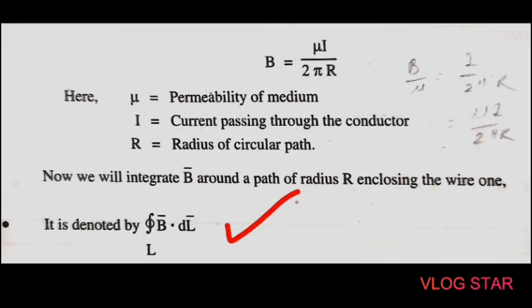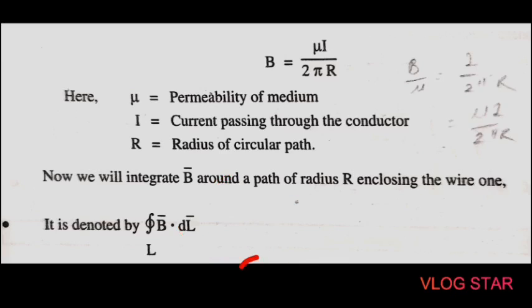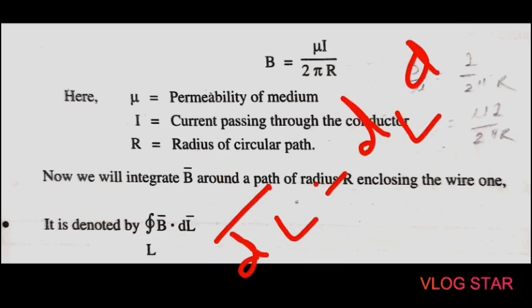Here the direction of B bar is a phi bar, so the direction of dl bar must be a phi bar, because the dot product of two similar unit vectors is 1 and of two dissimilar unit vectors is 0. So dl bar is equal to dl into a phi bar, because we are going to take the dot product of two similar unit vectors.